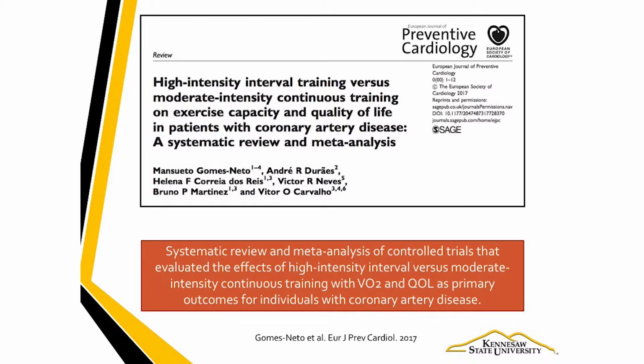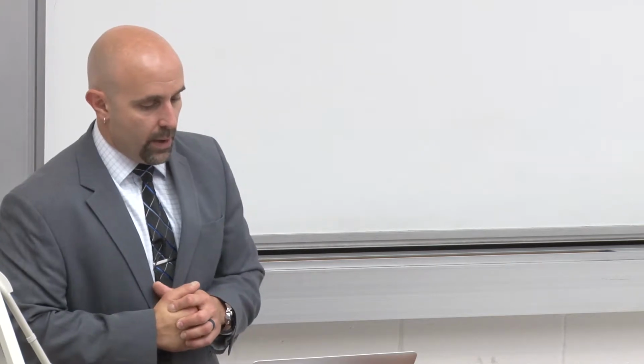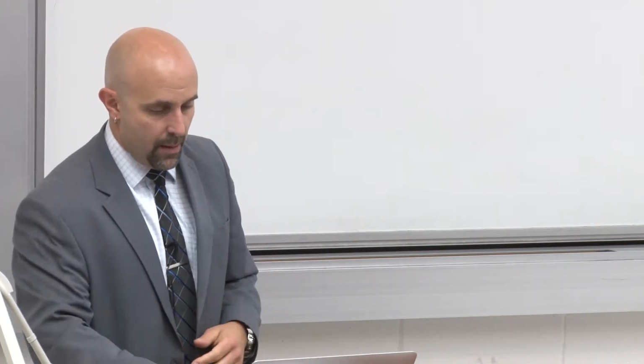Let's talk about quality of life. Ultimately you would think that if you have improvements in aerobic capacity, you would have improvements in quality of life. If you have improvements in body composition, you could potentially have improvements in quality of life, but we have to look at the data, all right? This particular study, again relatively new, looks at exactly that.